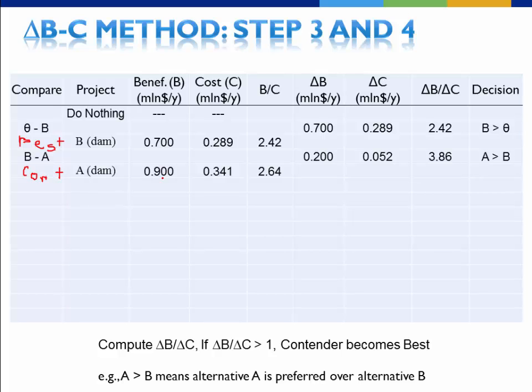In this case, we know that these are the benefits, these are the costs. We divided these two, and this is the benefit cost ratio. If this is greater than 1, then okay, we just keep looking. The increment in the benefits is 0.9 minus 0.7, which is 0.2. The increment in the cost is the subtraction of these two, 0.52.